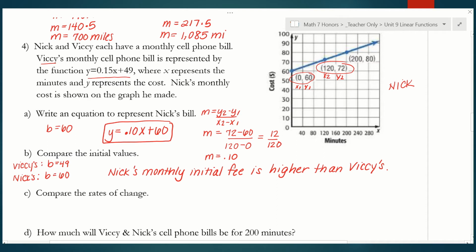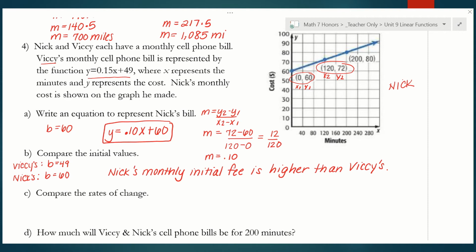So Nick pays $60 up front for his monthly fee, and then in addition to that, he pays per minute, where Vicky pays $49 as her initial monthly fee, and then her minutes get added onto that.